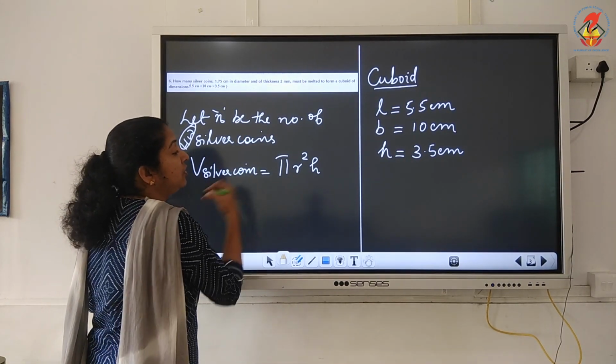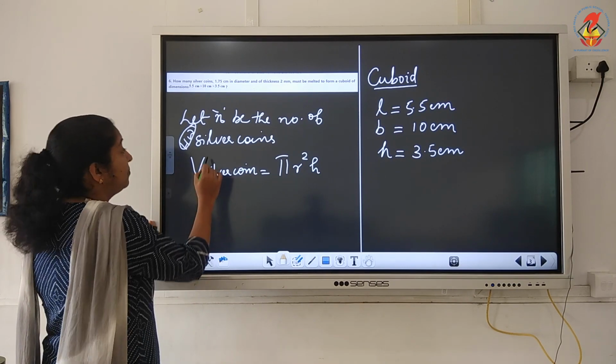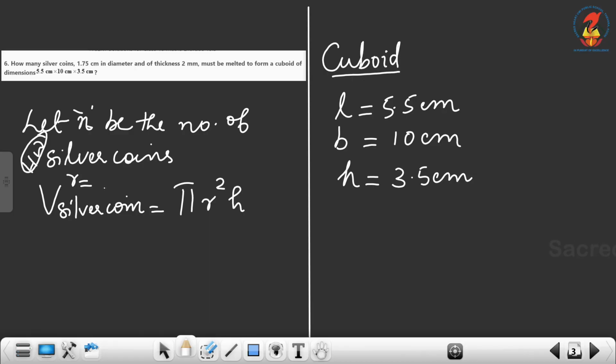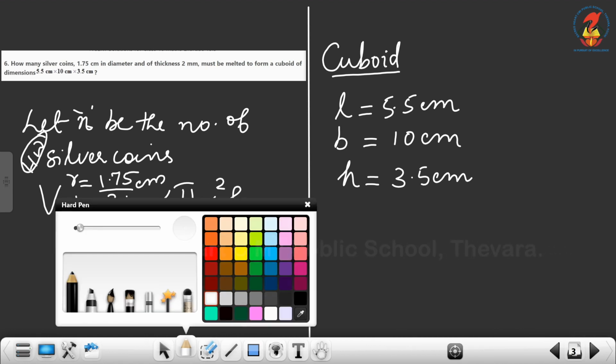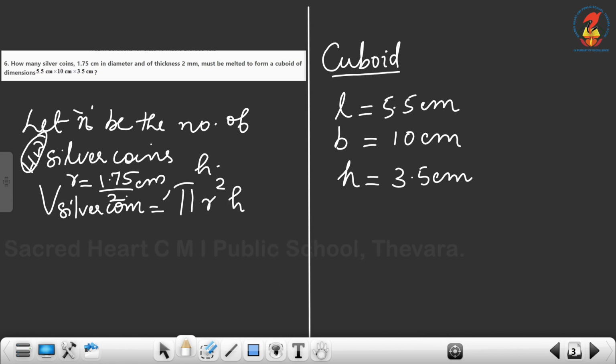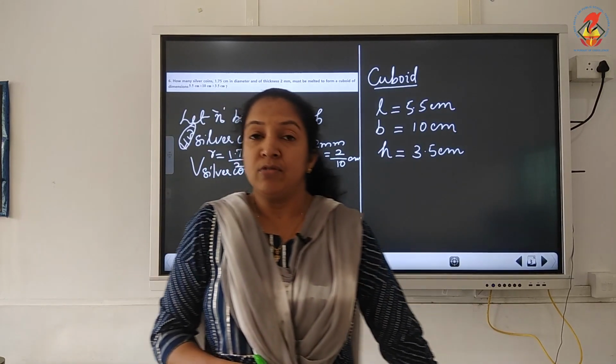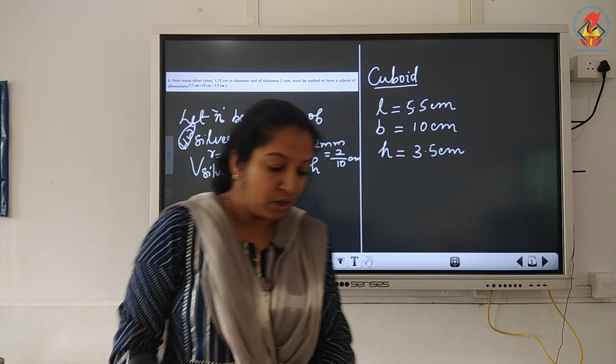So the volume of the silver coin is pi r square h, where r is equal to 1.75 divided by 2 centimeter and thickness 2 millimeter. That means the height is 2 millimeter, which is equal to 2 by 10 centimeter. So what you have to find is the number of silver coins.